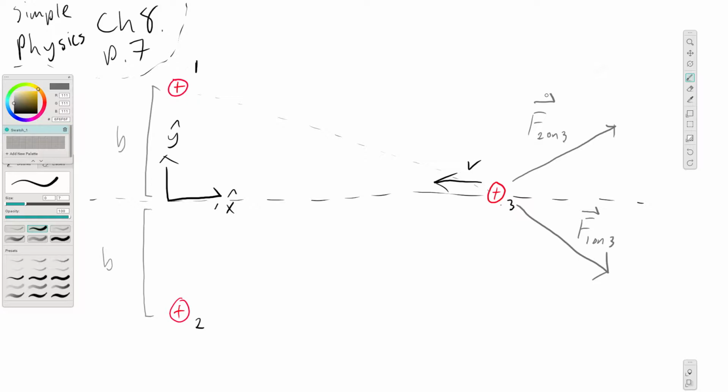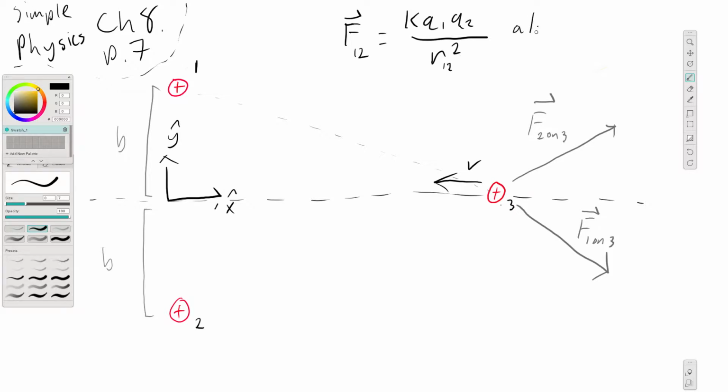Coulomb's law, which I'll write for reference up top, tells us that the force between charges 1 and 2, being arbitrary labels, is equal to the product of the two charges themselves times some constant, which is true in this universe, and divided by the distance between those two charges.